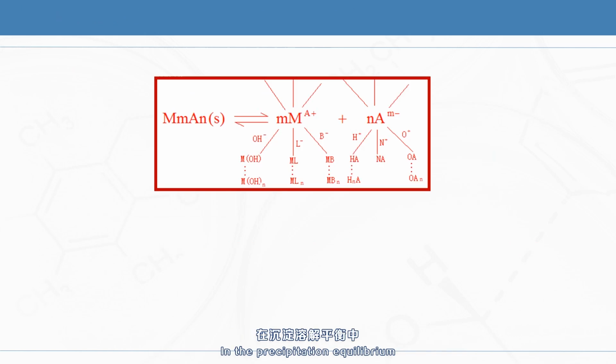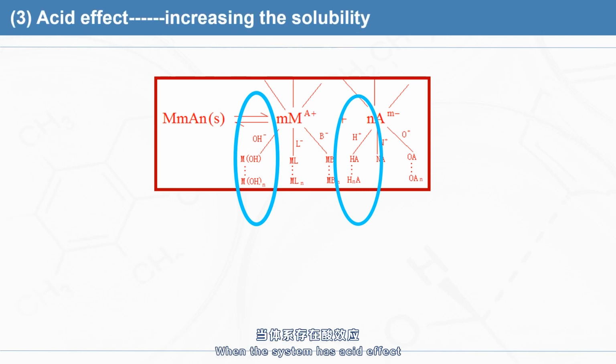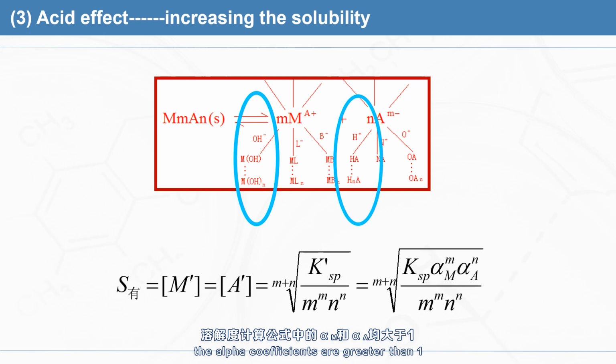In the precipitation equilibrium, both M and A may react with hydroxide or hydrogen ion in the solution, which is the acid effect. When the system has acid effect, the alpha coefficients are greater than 1.